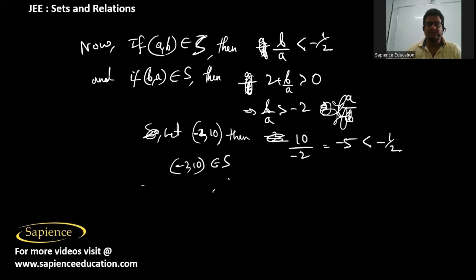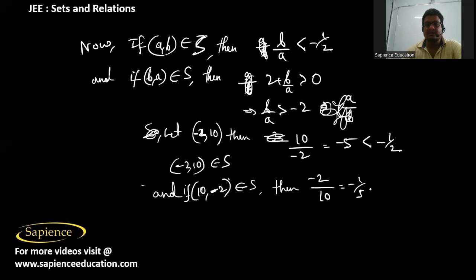So (minus 2, 10) will belong to the set S. And if (10, minus 2) belongs to the set S, then minus 2 by 10, that is B by A, is equal to minus 1 by 5, which is more than minus half.